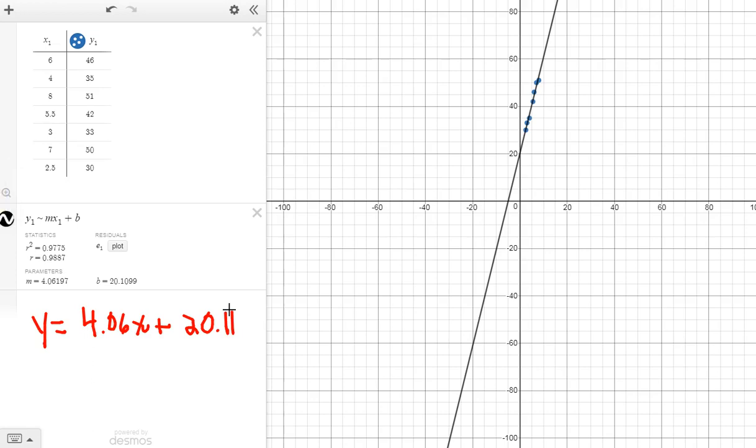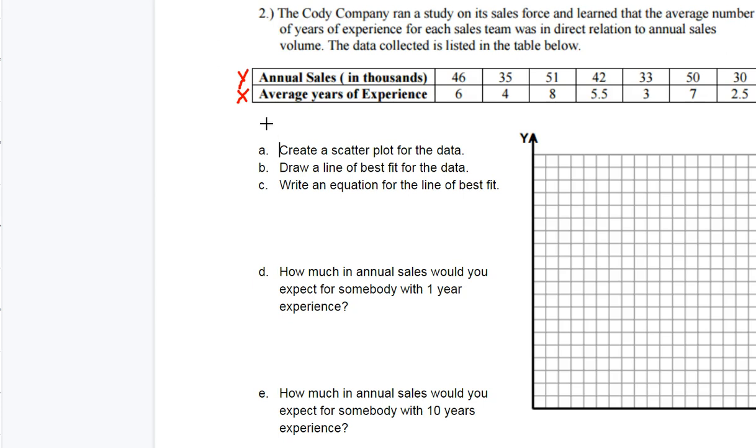Going back to our notes here, the equation is y equals 4.06x plus 20.11.